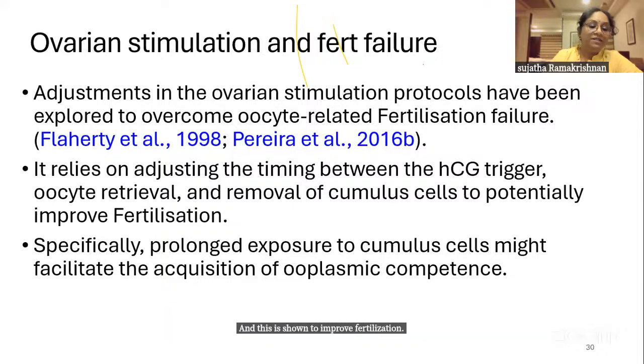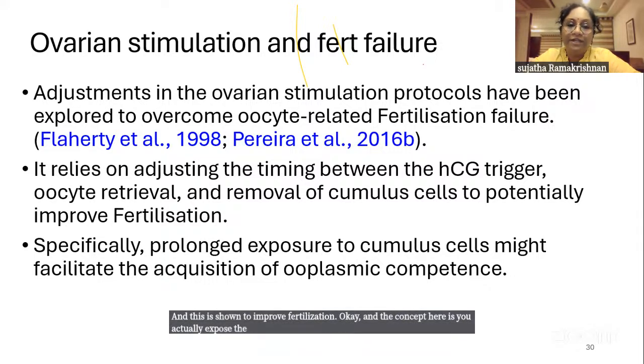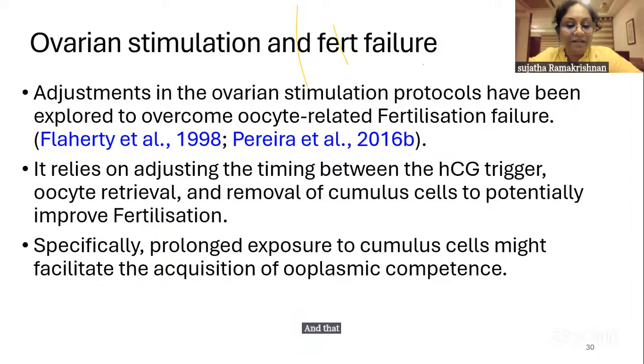The concept here is that you expose the oocytes to cumulus cells for a longer period of time, and that would facilitate the acquisition of ooplasmic competence.